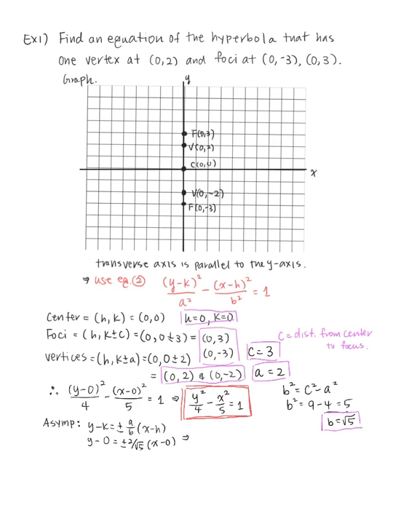So y equals plus or minus 2 over the square root of 5 times x. If I punch this in the calculator, y is approximately 0.9x and y is approximately negative 0.9x. Let me just box all of this. Don't forget the positive slope and the negative slope there.